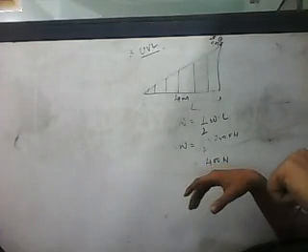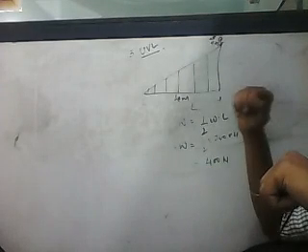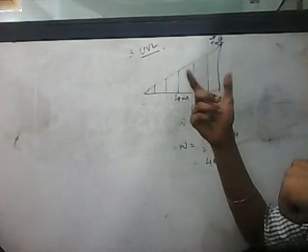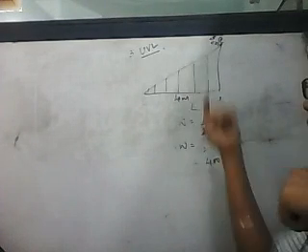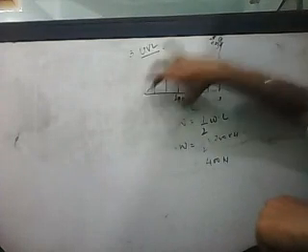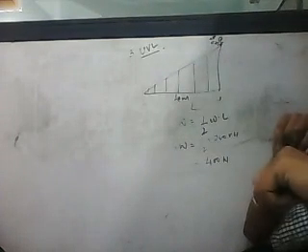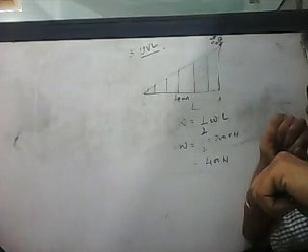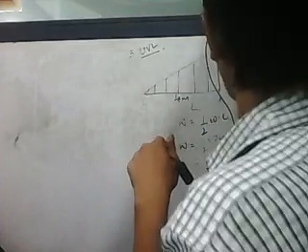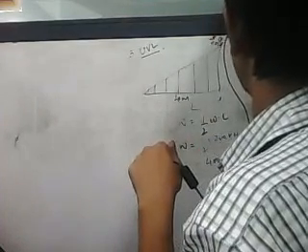Clear? Yeah, area of triangle simply. In that previous case, this one is area of rectangle, and right now here it is the area of triangle, and this one is height, and this one is base. And this will act at one third from higher end.